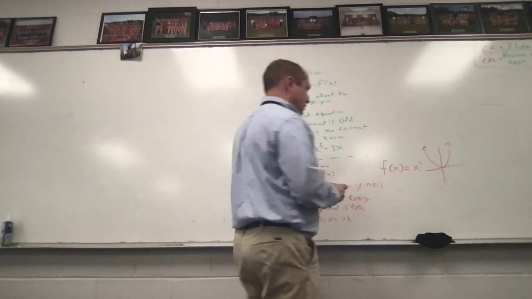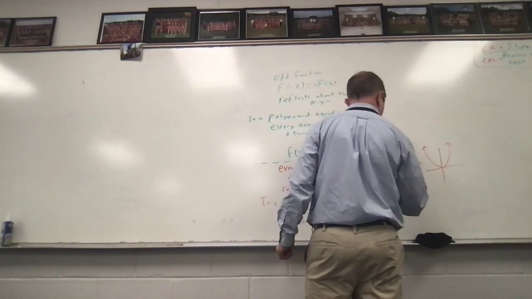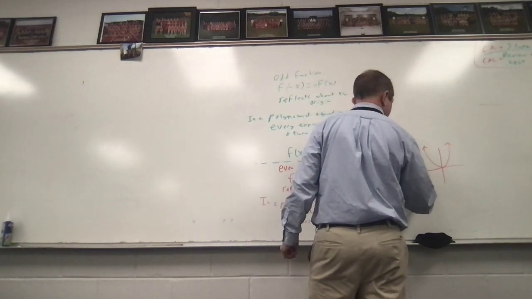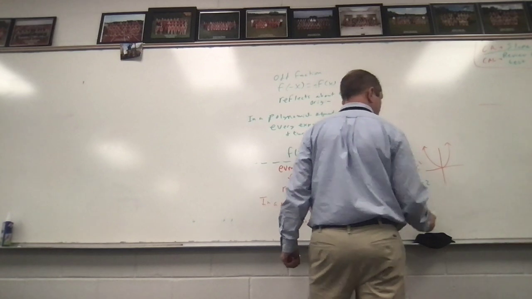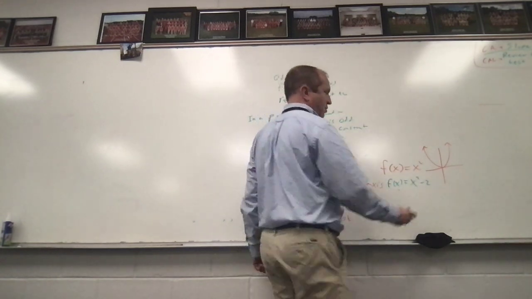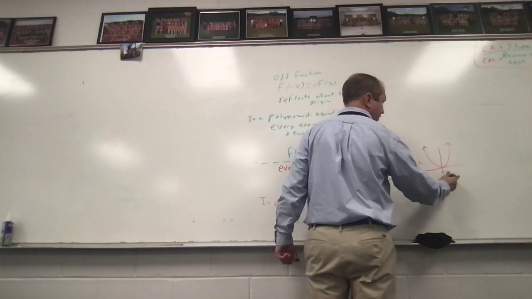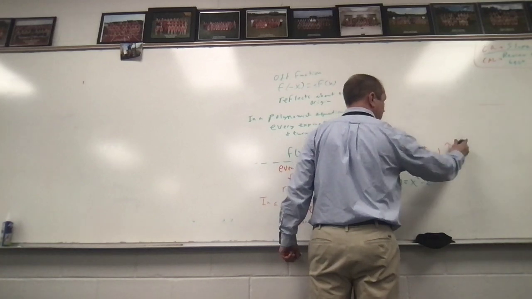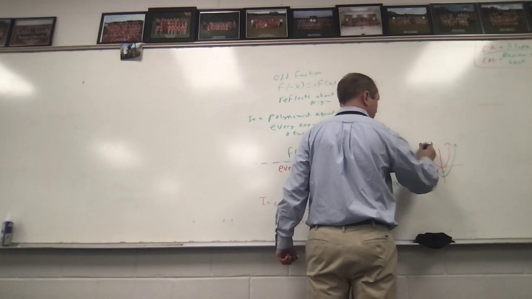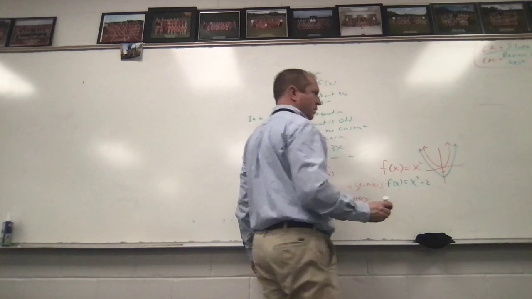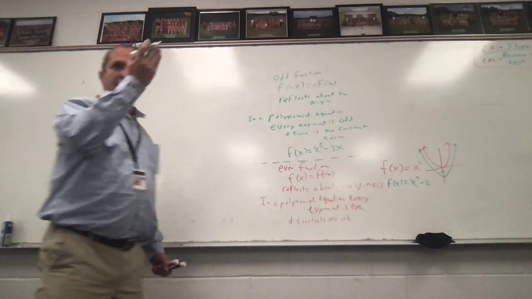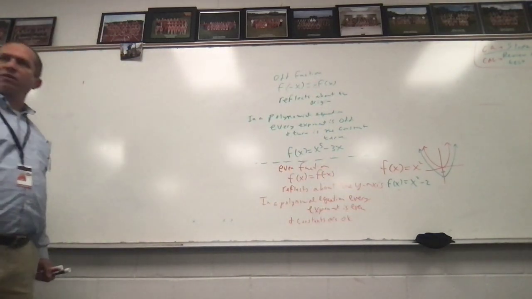Now, let's put a constant with it. Let's say we have f of x equals x squared minus 2. What did that do? That took this parabola, that took the vertex and it dropped it down 2. So we're here and we're here, right? So that negative 2, all it did is it shifted it vertically.